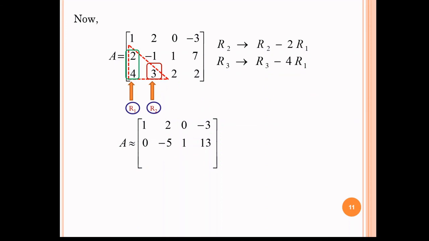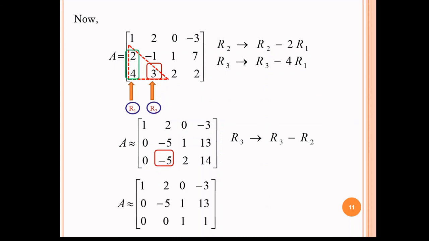So for 2 and 4 we are using R1, hence these 2 elements are converted to 0 and we get this matrix. Now we have to change this minus 5 to 0 and for this we'll be using R2. So R3 changes to R3 minus R2 and this is our matrix.